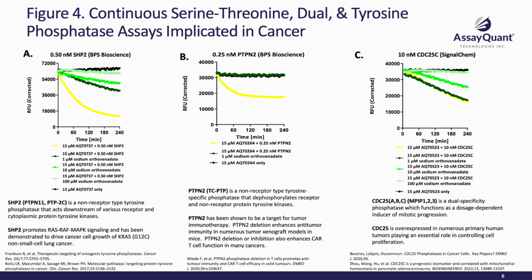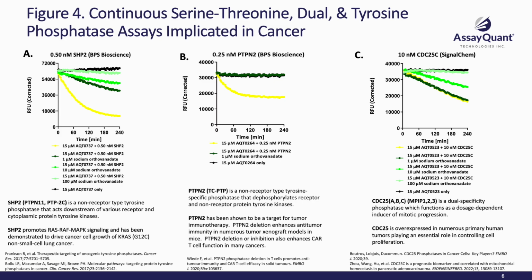The following two slides show examples of phosphatases implicated in cancer. Panels A and B show tyrosine phosphatases, and panel C shows a dual phosphatase. In the plots, the black lines show the control, and the yellow lines show the substrate in the presence of phosphatase, which dephosphorylates the substrate.